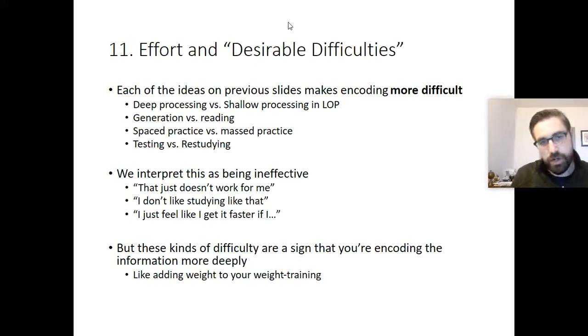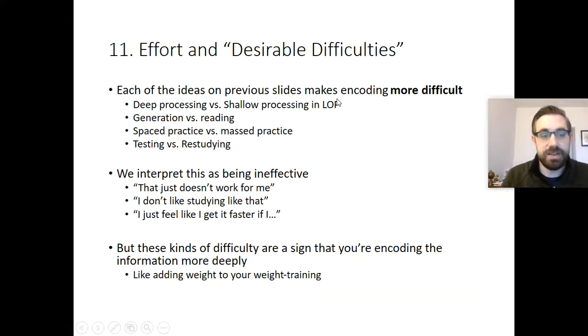When you're trying to encode information, certain ways of making the information more difficult to process can be desirable because you put more effort into processing that information, and you therefore will encode the information more deeply in the long term.